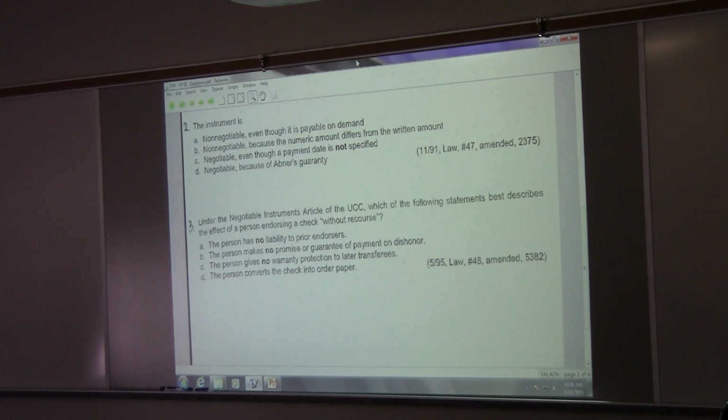against the forger? Yeah. B, the person makes no promise, maybe. The person gives no warranty protection. And so, Michael, what's the difference in B and C? B says you make no promise. The other one says you give no warranty.